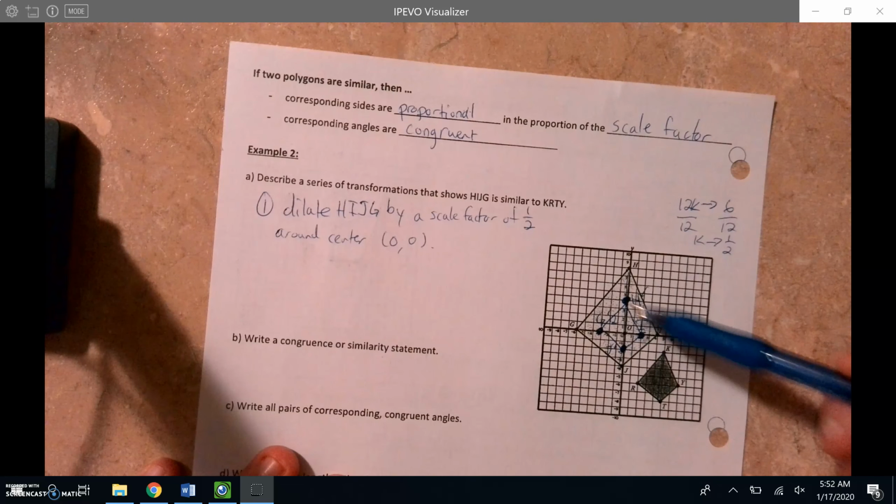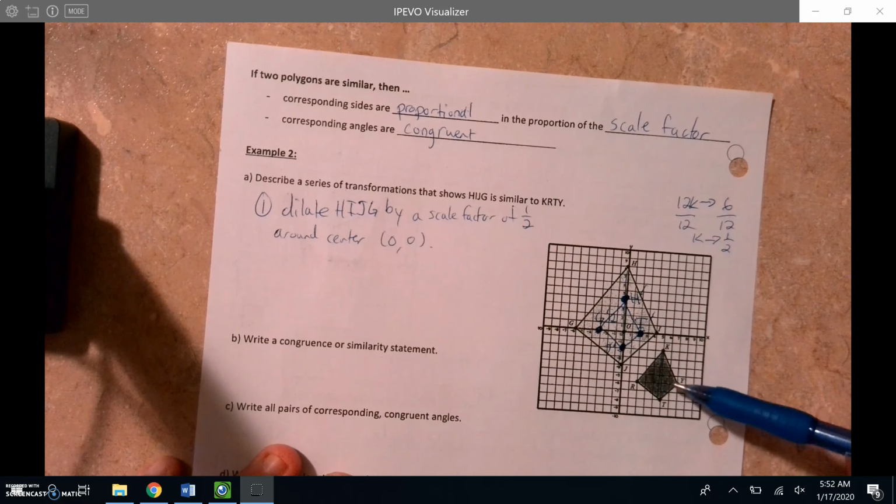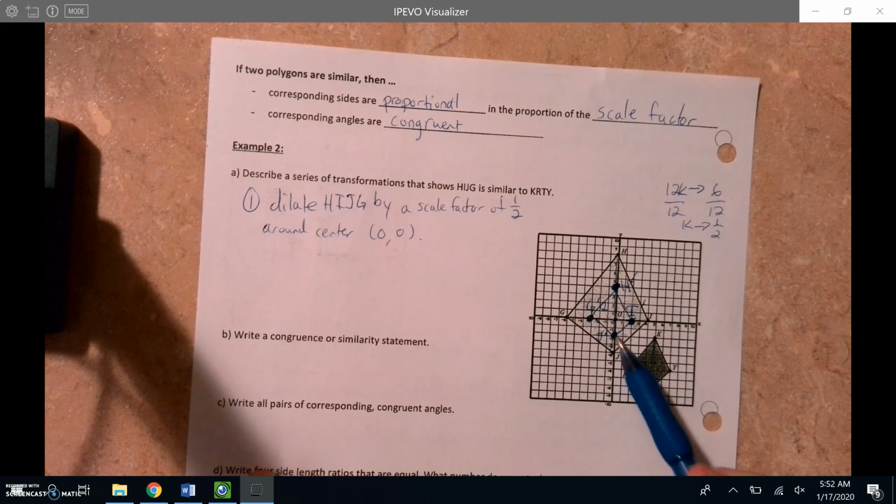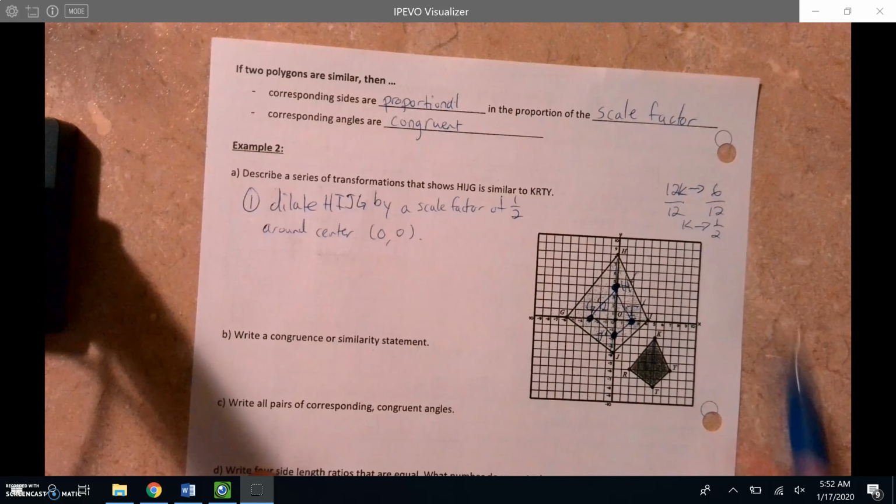Now I need to move this down and I need to move it over so it ends up on top of it. So I'm going to look at this bottom point because I can see that it makes this kind of shape here, and I want it to line up with that shape down here. So to go from J prime down to T, how far do we got to go? Well, we got to go down 1, 2, 3, 4, 5, 6, and then we got to go right 1, 2, 3, 4, 5.